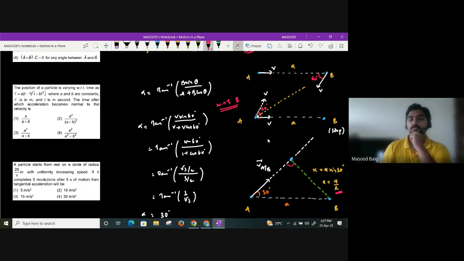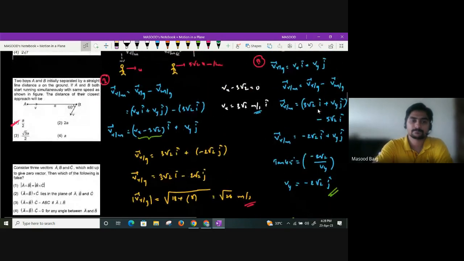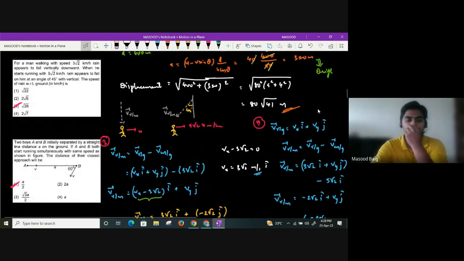So A will be moving along a line. B is a point. From a point onto a line, what is the shortest distance? The perpendicular distance will be the shortest distance. So in this case, we got it as A divided by 2. Understood, everyone? Yes or no? Is that clear to all of you?